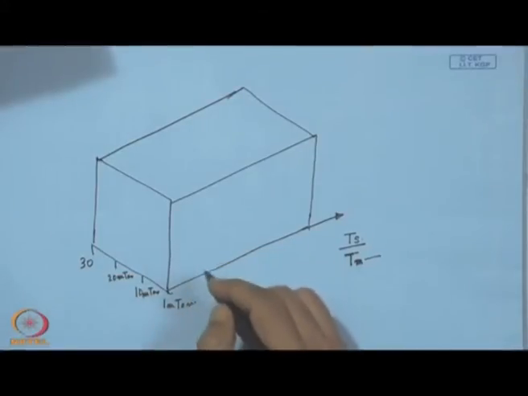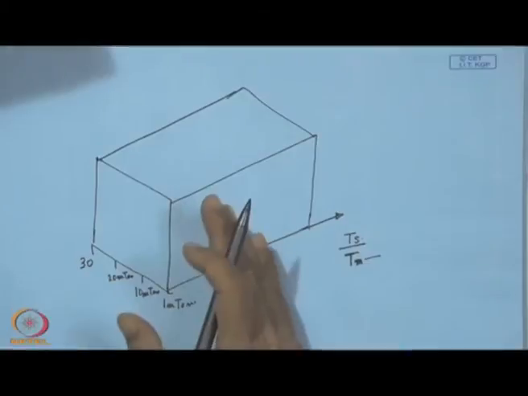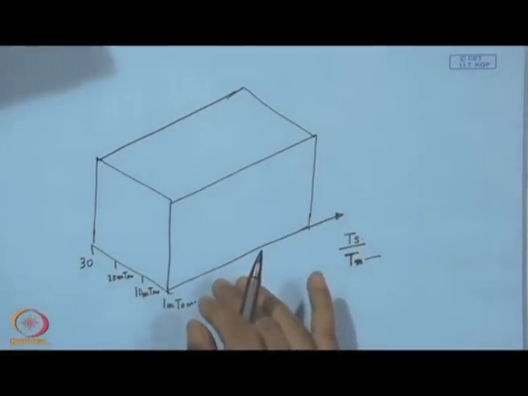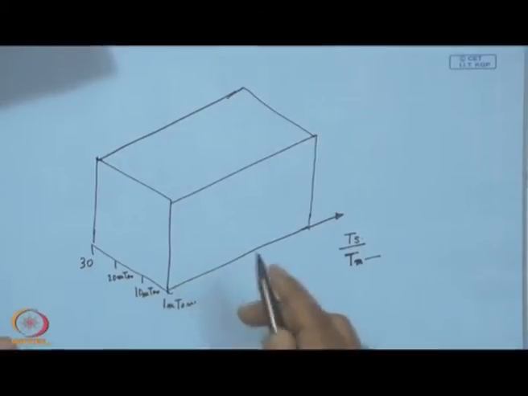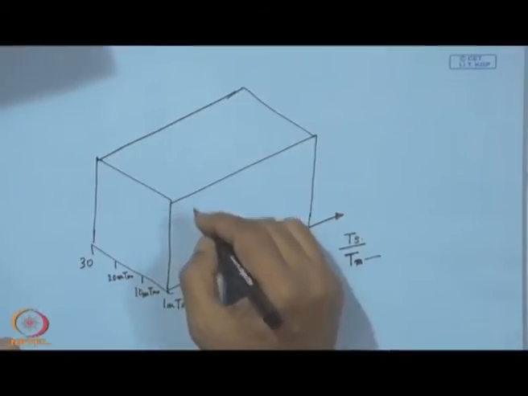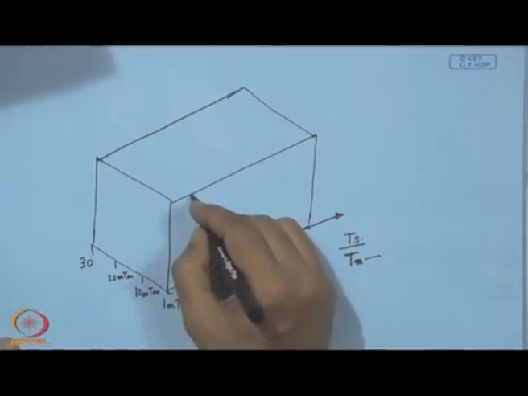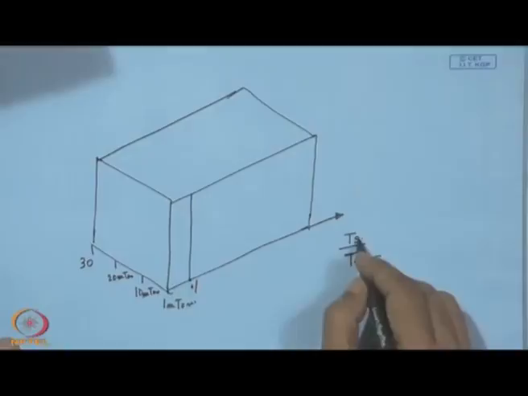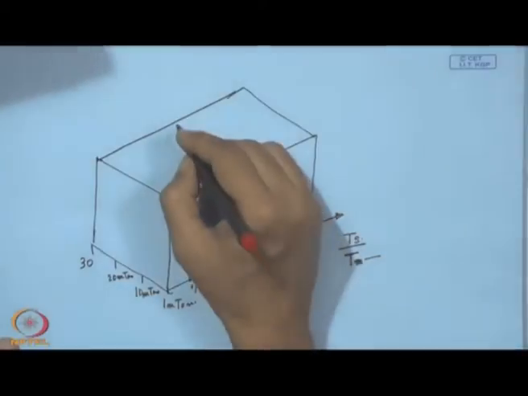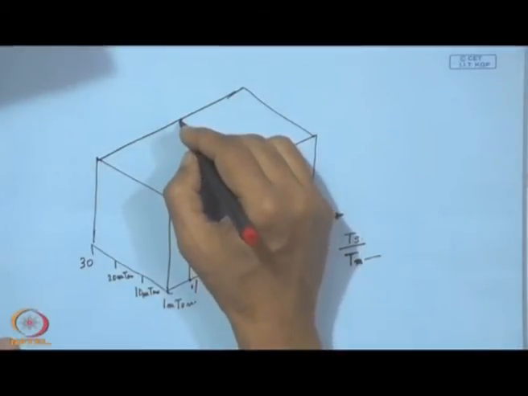And here we can now have segmentation of this block to show the structural features of a sputtered coating. That means, a layer is developed by this sputtering process. Say this is about 0.1, which means T s by T m is 0.1, and this is about this zone.